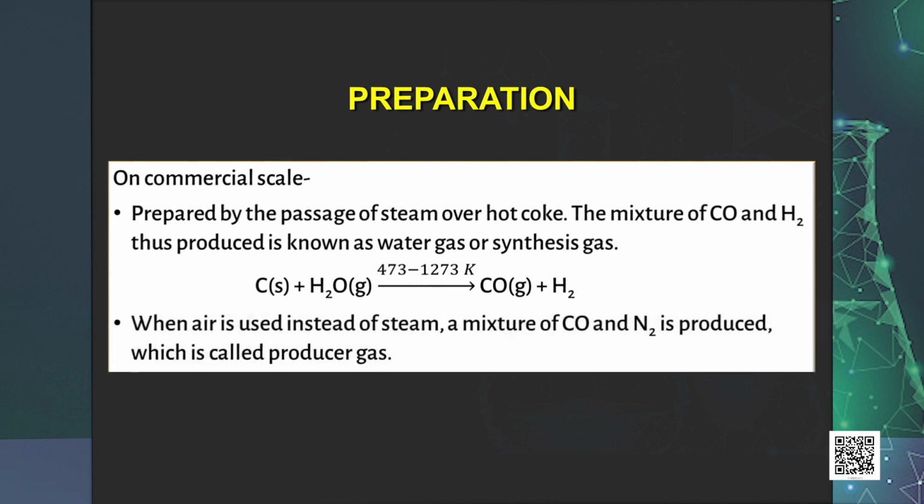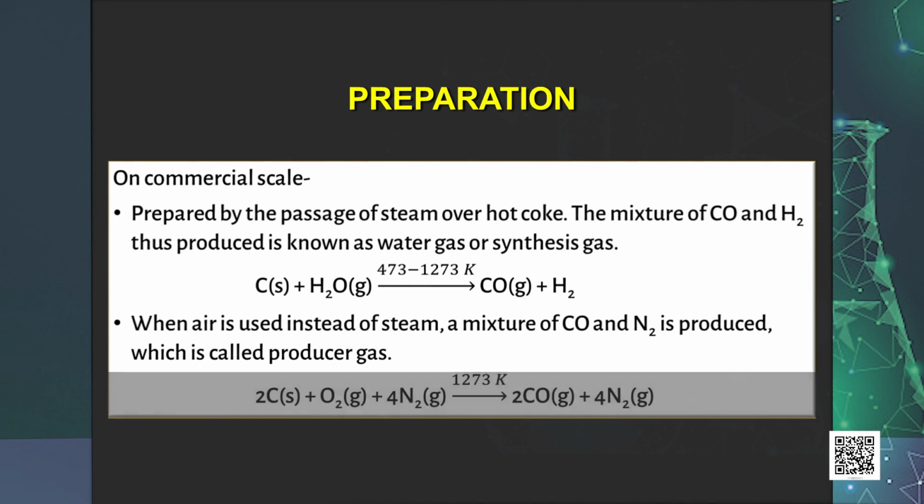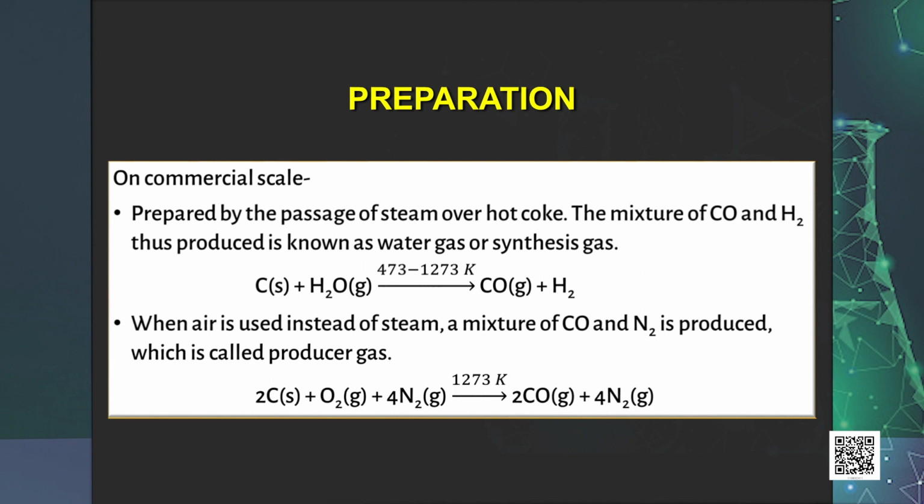When air is used instead of steam, a mixture of CO and N2 is produced, which is called producer gas. Reaction is 2C plus O2 plus 4N2 at 1273 Kelvin giving 2CO plus 4N2.